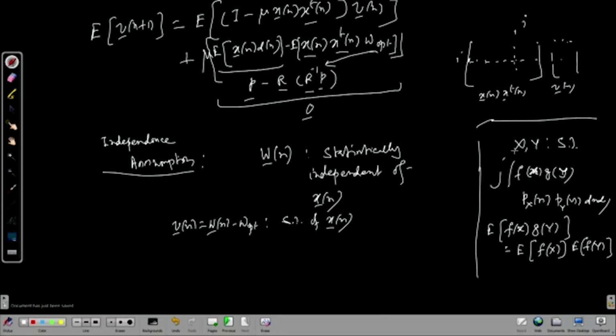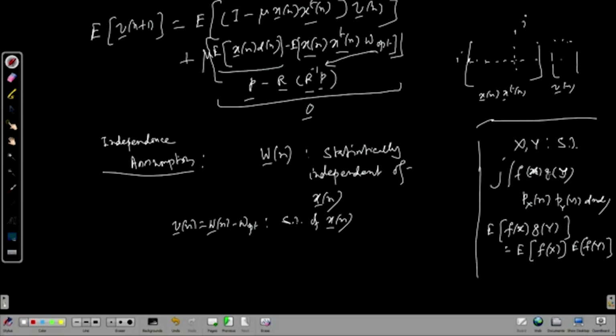But if they are only uncorrelated, this will not happen, because if I cannot break the probability density down into a product of individual marginal densities, this cannot happen. Uncorrelated only means that the expected value of x y is E x into E y. That follows from here also.